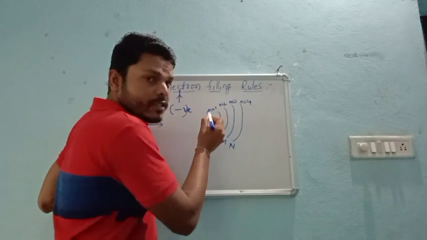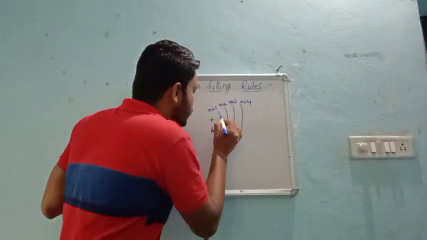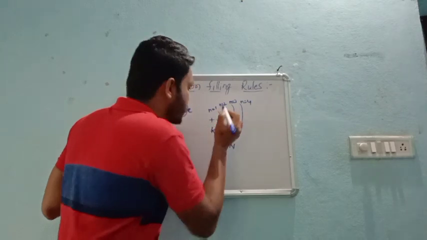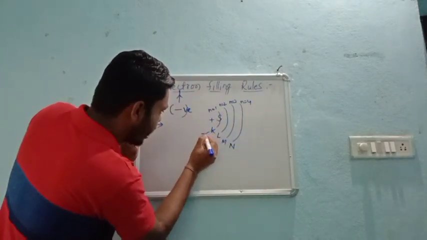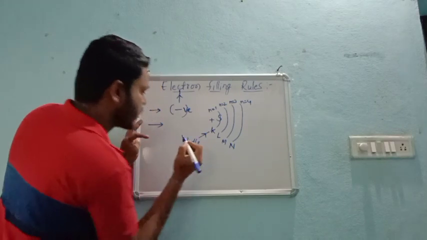The first energy level, n equal to 1, consists of only one subshell. These K, L, M, N are called shells. Very important.